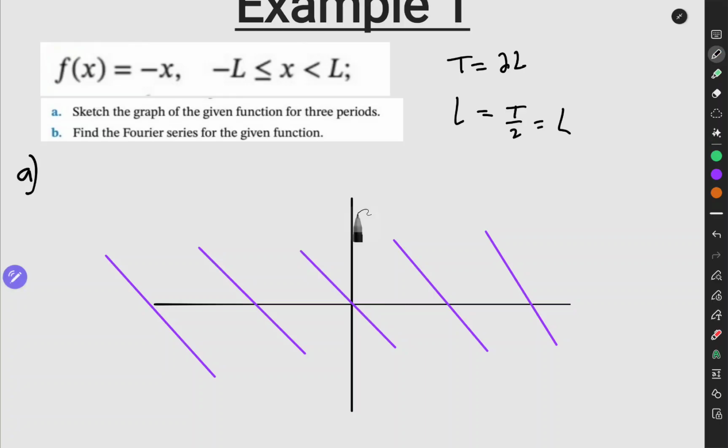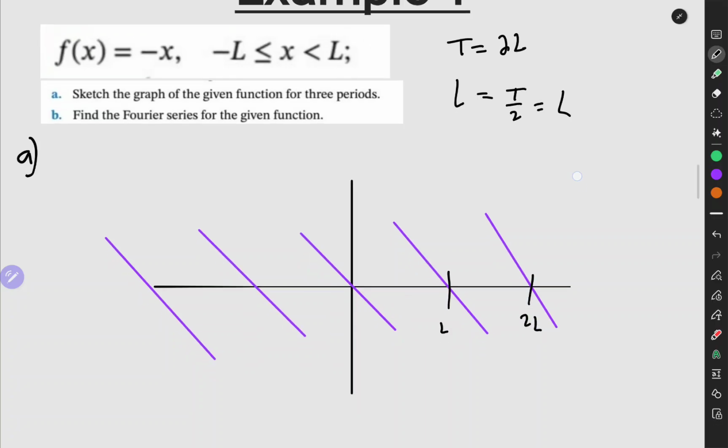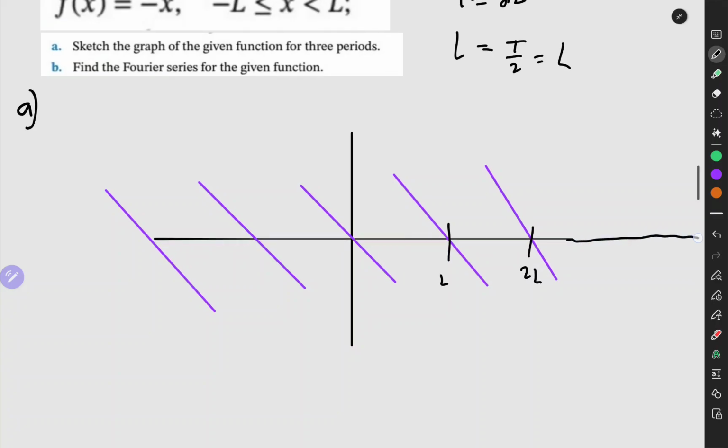So then we have L, 2L. If I want to do 3 periods, we've got to go out more.